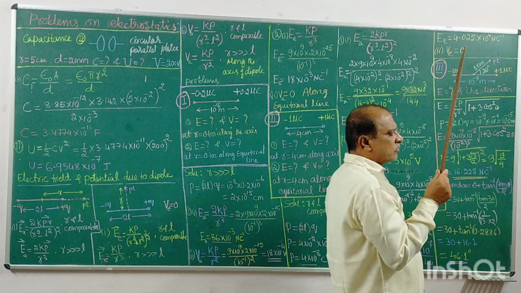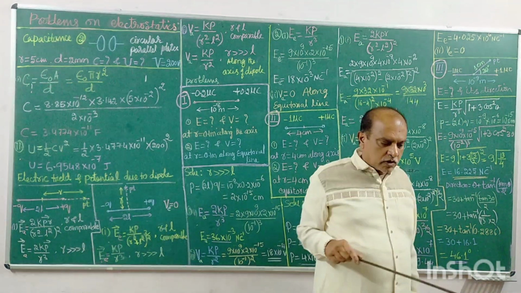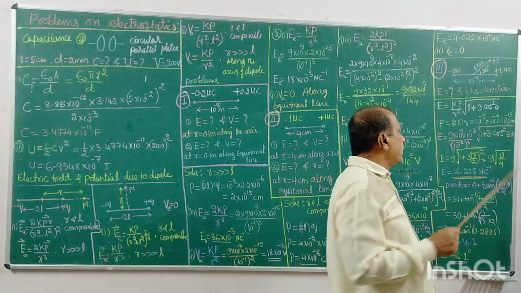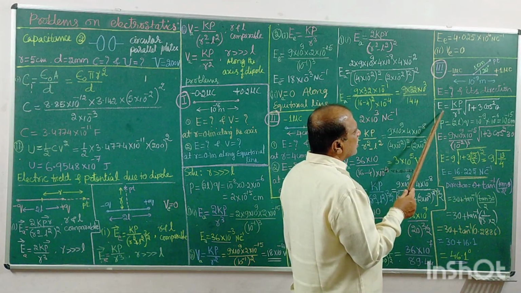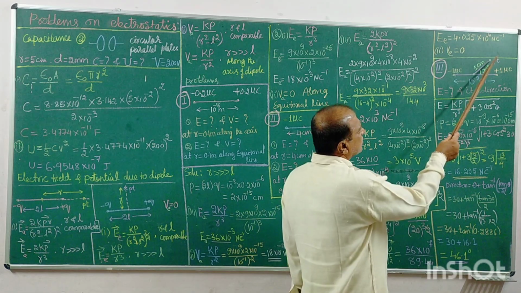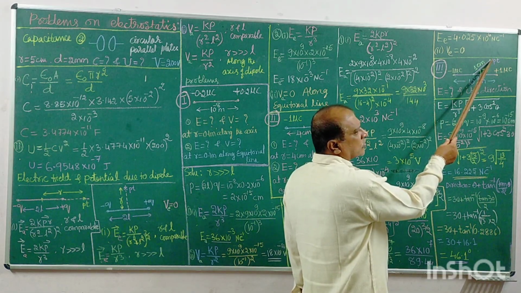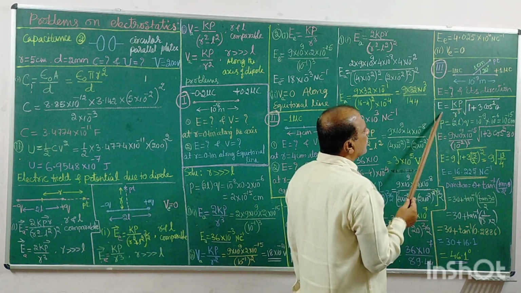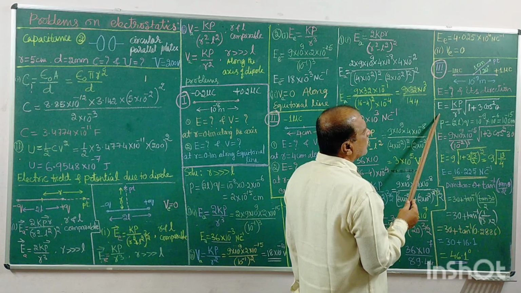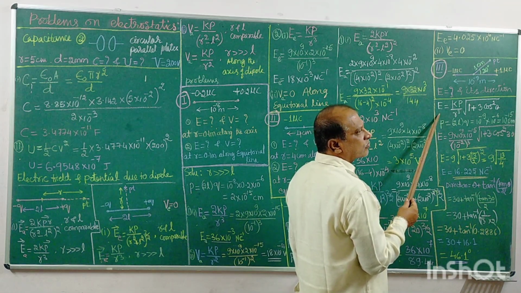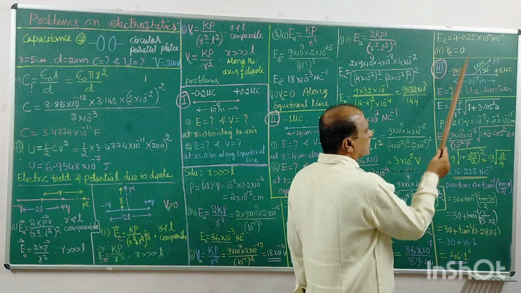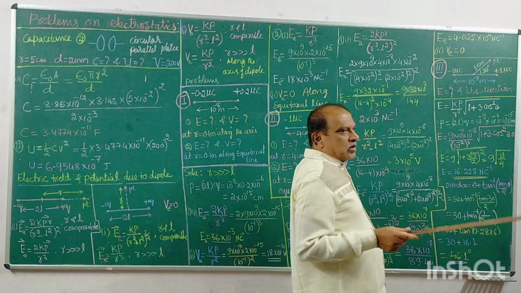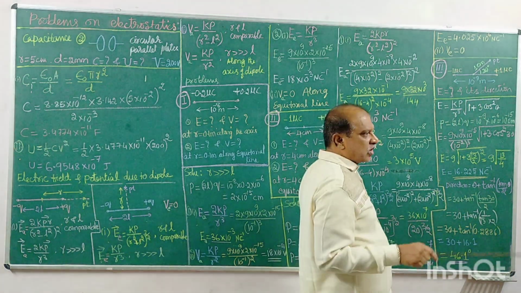Again you have to recall the formula, the derivation we did in the previous classes. Look at this. The formula for this kind of problem is the formula for electric field at any point in the space around the dipole, neither on the equatorial nor on the axis.